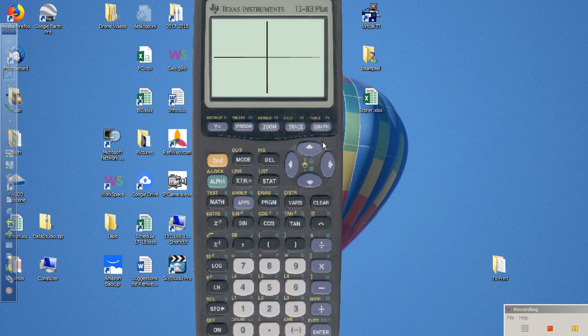We can do 9 times, or 5 plus sine theta. And so you're doing tangent theta equal to 1.